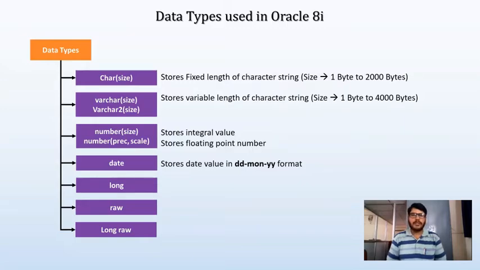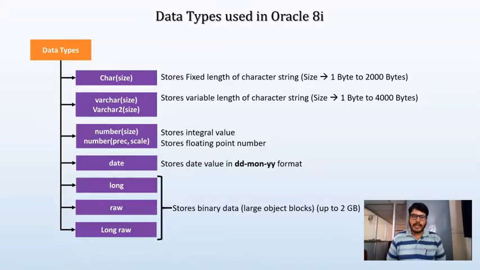At that time, we can utilize the rest of the data types which are called long, raw, long raw. These are the data types which are mainly used to store binary data, in the form of large object blocks. To store binary data in the form of zeros and ones, we normally use these data types.